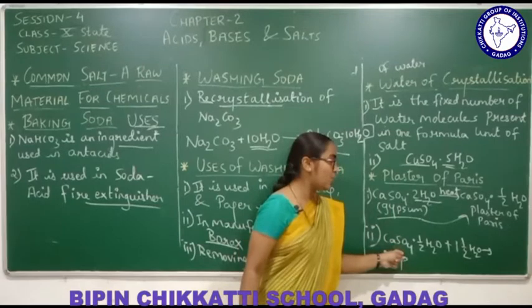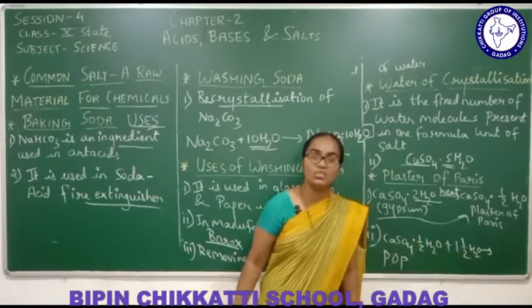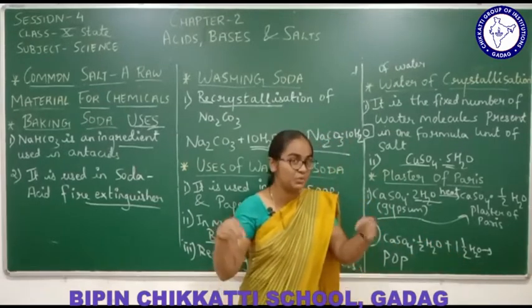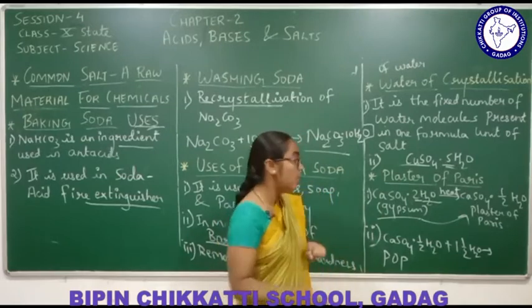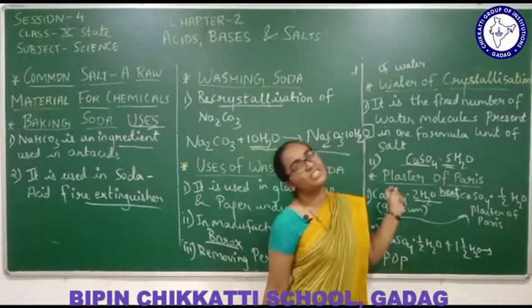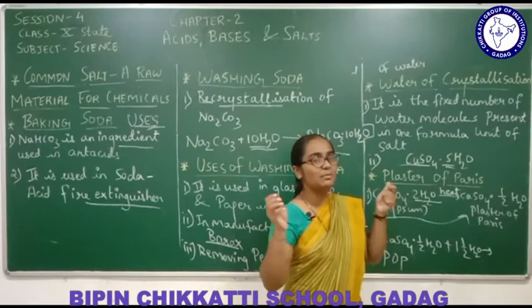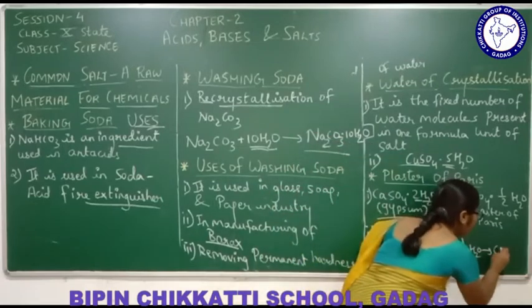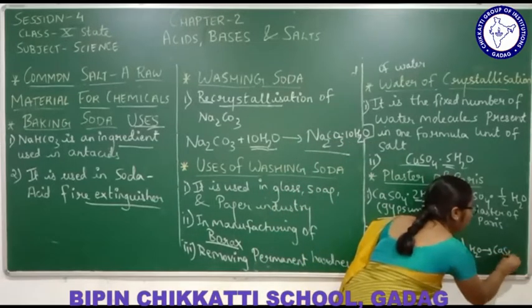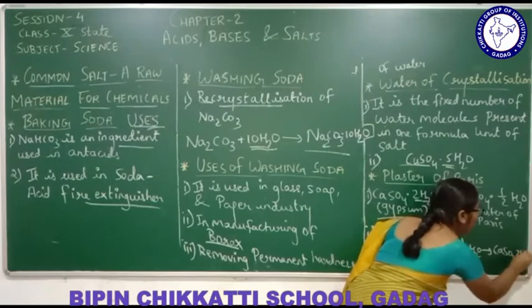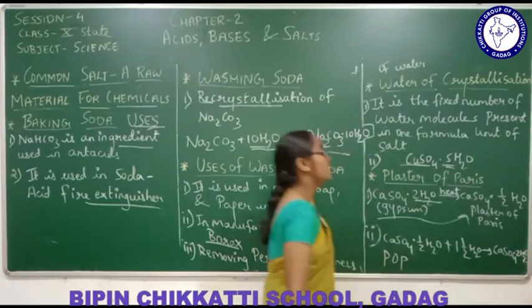So if plaster of Paris is hydrated with around 1.5 water molecules, at that time it will get converted into gypsum, which is a hard solid mass, right? So how will the gypsum form? Calcium sulfate with 2 water molecules, right? So this will be the formula for gypsum.